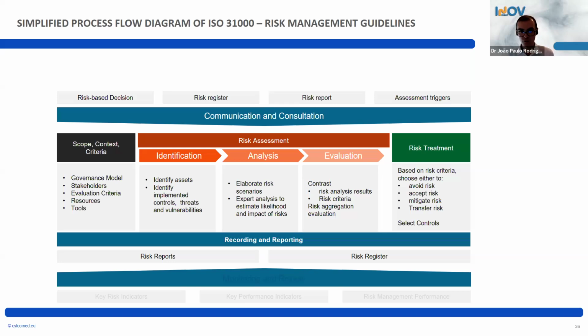So it is important to make periodic assessments in order to have up-to-date information. And moreover, this whole system, or process, needs monitoring and reviewing, and it should be evaluated with defined key performance indicators, key risk indicators, and risk management performance metrics, and other performance metrics that might be important to consider.